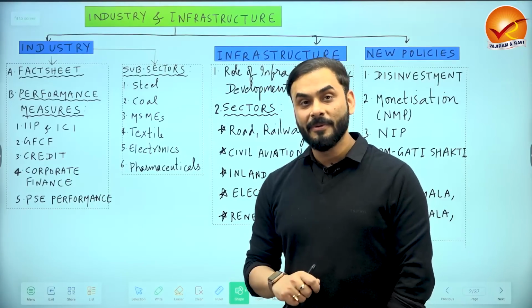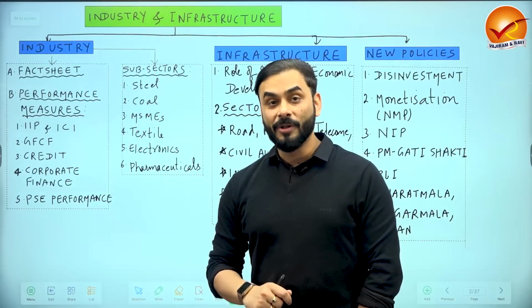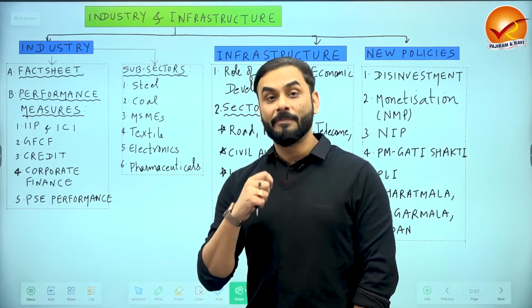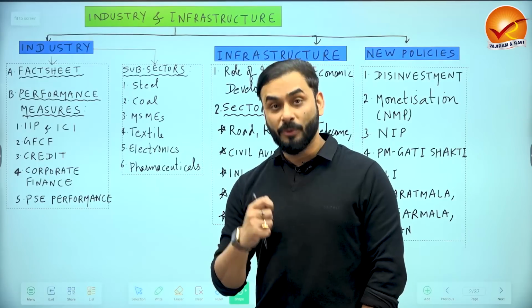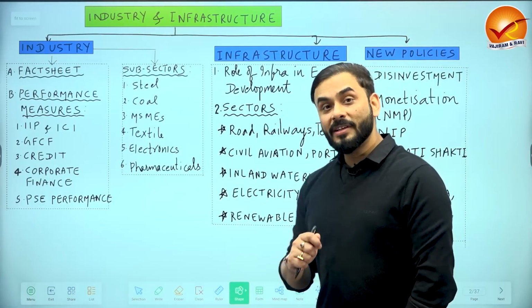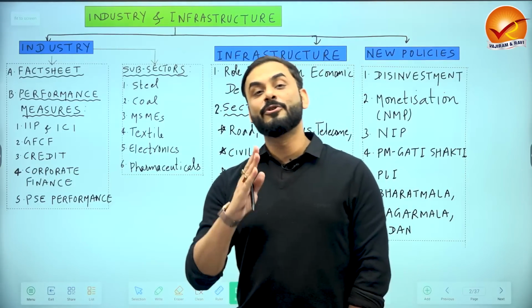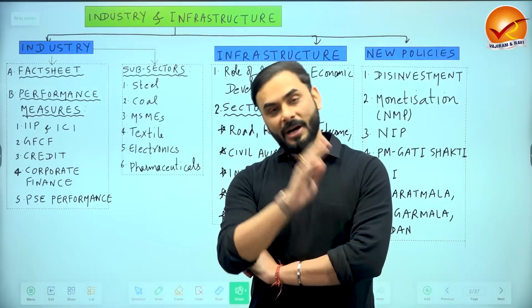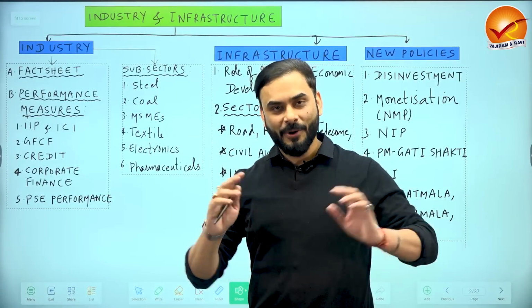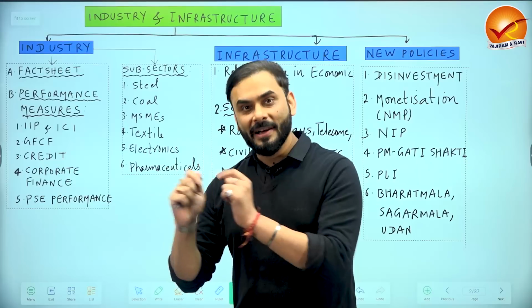Then comes MSME, micro, small and medium enterprises. It's called the backbone of the Indian economy, a very crucial sector. It provides a lot of employment, it has a contribution in exports, so we'll look at its performance. Then we look at the textile sector. They say that India is one of the global leaders in textiles, but unfortunately, there was growing competition from Vietnam and Bangladesh.